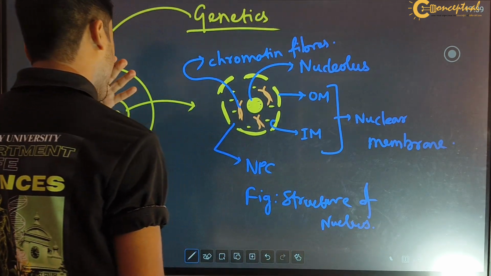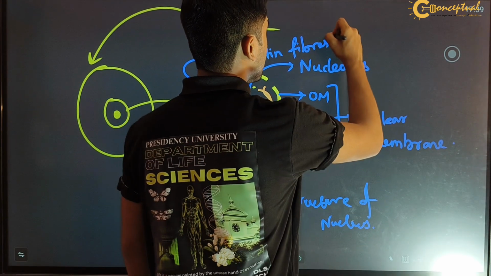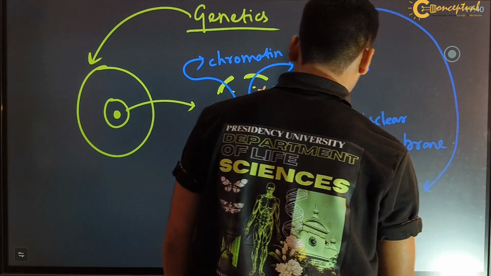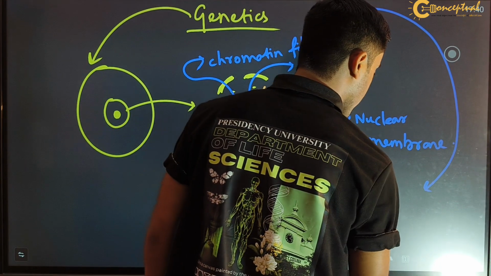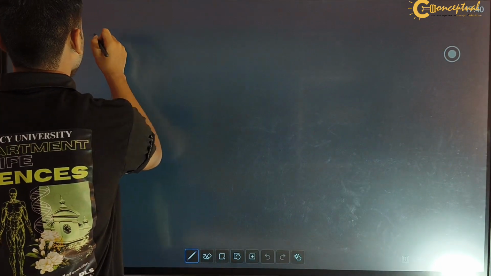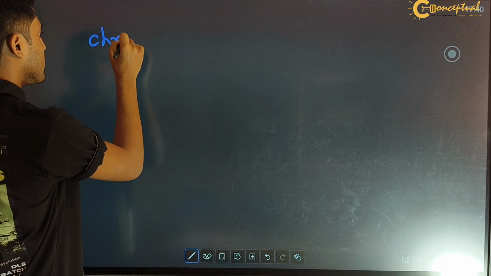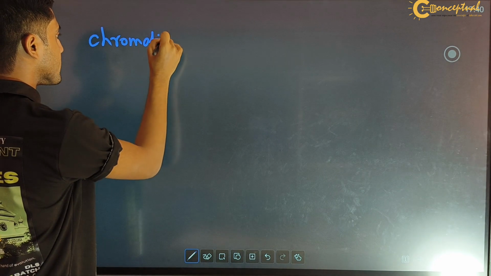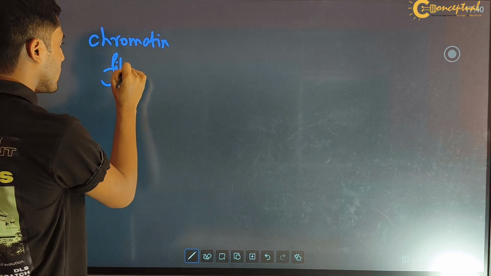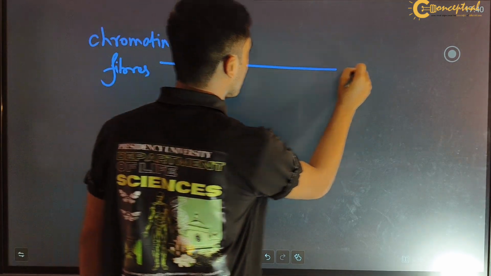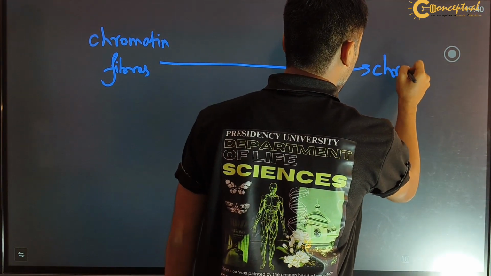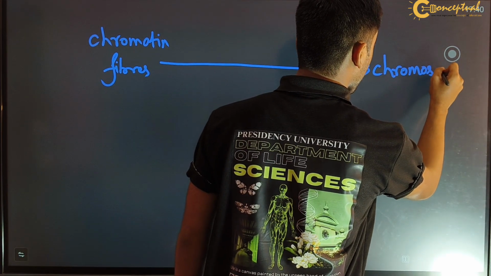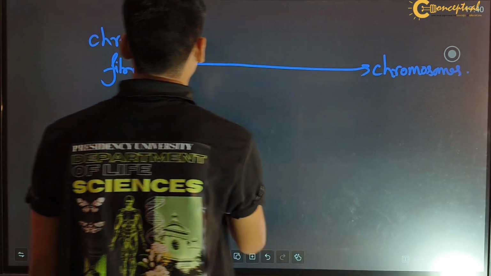Okay, so coming back to the main point, chromatin fibers, these things are essential. So let's take another slide. So what are these chromatin fibers? These are thread-like materials which will form chromosomes upon condensation. How do they condense?